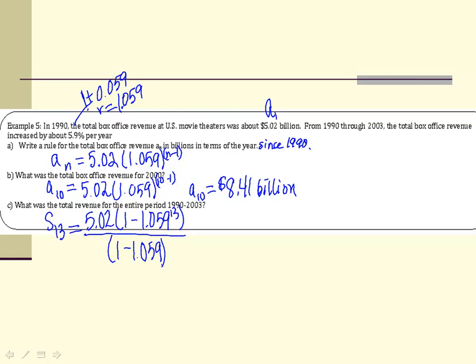So again, pause the video, plug this into your calculator, and simplify it. Okay, you should have found S sub 13 is 94.18, and that's again in billions of dollars.